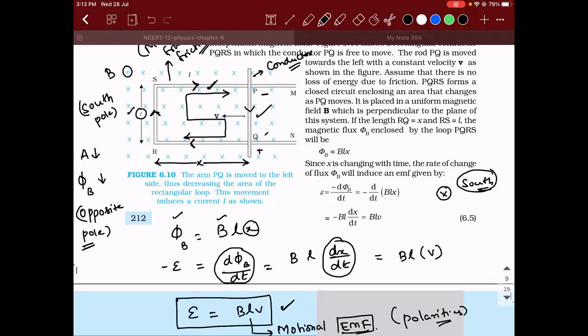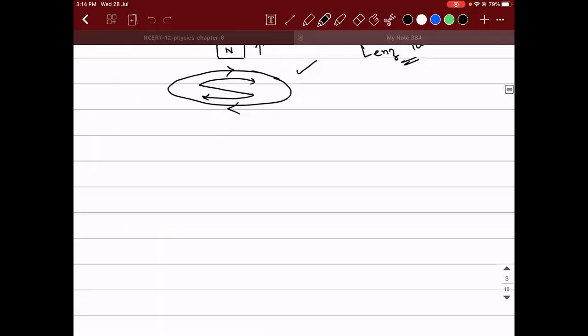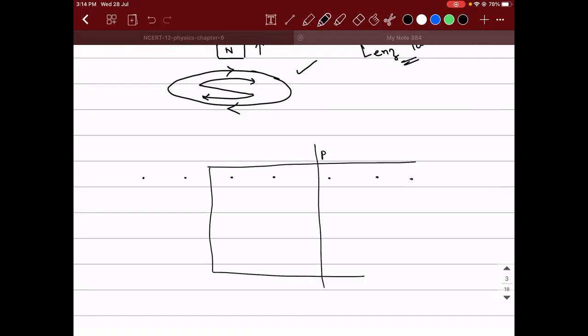Okay, sir. See, for example, like how Rohan asked, I'll draw it separately. You guys think about it. Had the magnetic field been like this, I'm changing everything. Let's say the same conductor PQ is there. Instead of moving to the left, let's assume it is moving to the right.